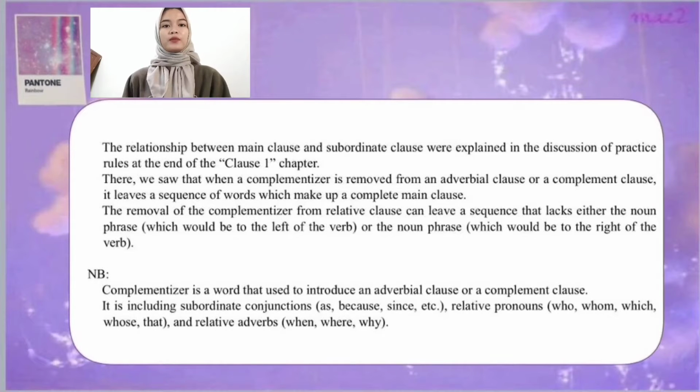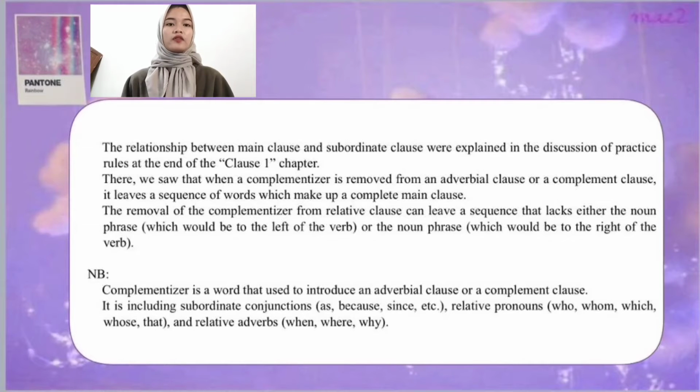The relationship between main clause and subordinate clause was explained in the discussion of practice rules at the end of the clause 1 chapter. There, we saw that when a complementizer is removed from an adverbial clause or a complement clause, it leaves a sequence of words which make up a complete main clause.